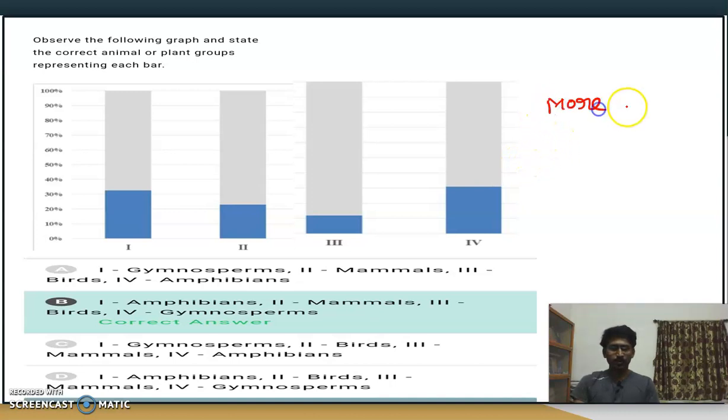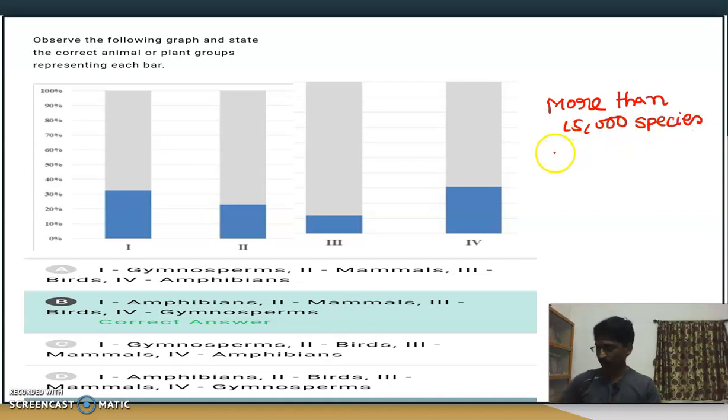More than 15,000 species worldwide are facing the threat of extinction.